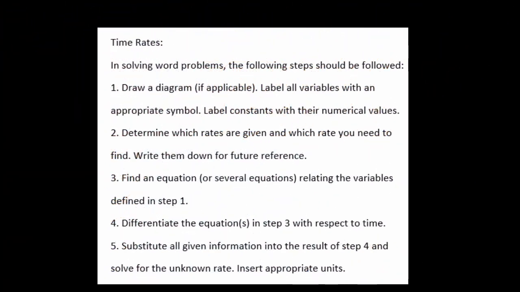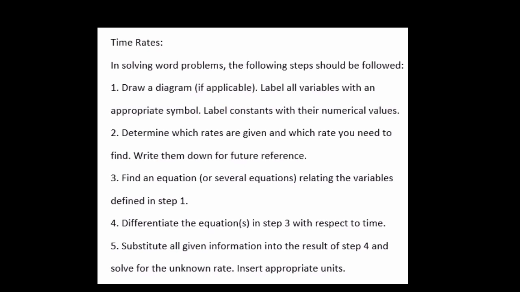In solving word problems involving time rates, the following steps should be followed. Step 1: draw a diagram if it's applicable. Label all the variables with an appropriate symbol and label constants with their numerical values. Second, determine which rates are given and which rate you need to find, and write them down for future reference.